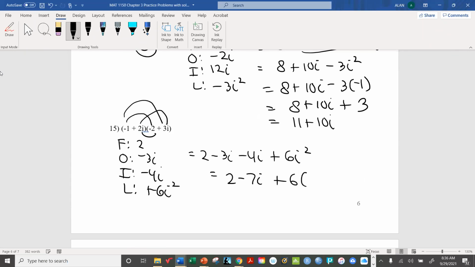Now, of course, here we have our usual -1. Okay, so 2 minus 7i minus 6 gives us -4 minus 7i. Beautiful. All right.